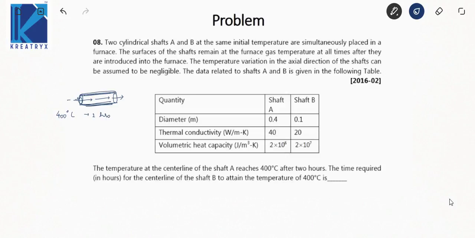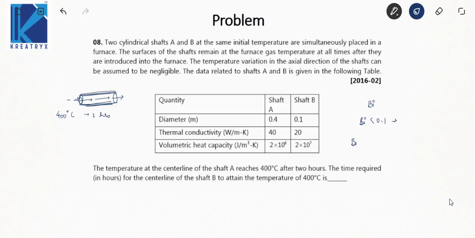So you know that this is a transient heat conduction problem. Whenever you think of transient heat conduction, what comes to your mind? Lumped system analysis. How do you check whether the lumped system analysis is applicable in this problem or not? You check it by Biot number, which states that if Biot number is less than 0.1, you can apply the lumped system analysis.